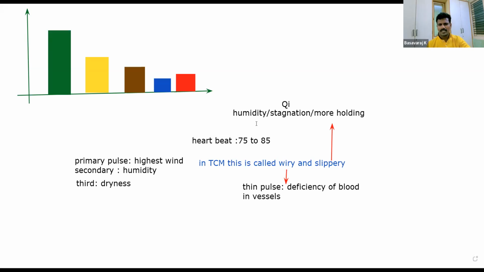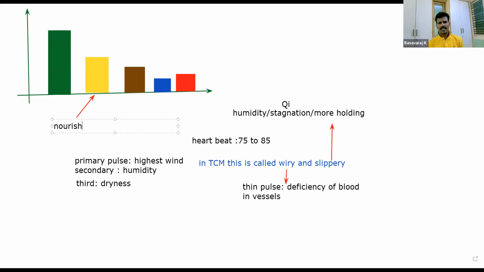So here you should understand the role of each and every element. That is more important. If you understand the importance of each and every element, later you can correlate them as a combination. For example, whenever you say humidity, you should remember that humidity is responsible for supplying nourishment.